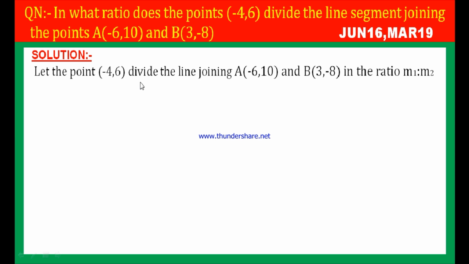Let the point (-4, 6) divide the line segment joining (-6, 10) and (3, -8) in the ratio m1 is to m2. We have to find this ratio. Therefore, let us assume that the ratio in which (-4, 6) divides AB is m1 is to m2.